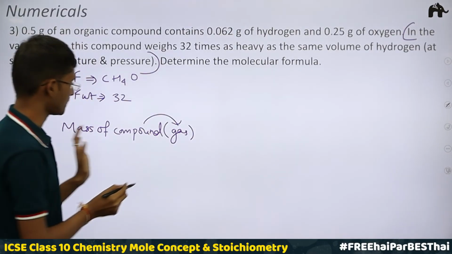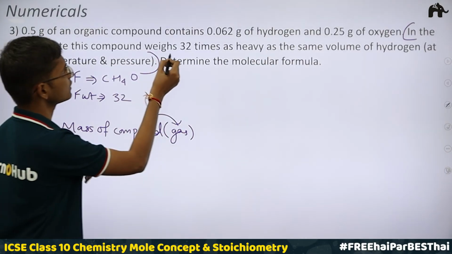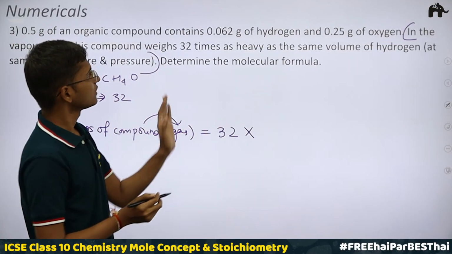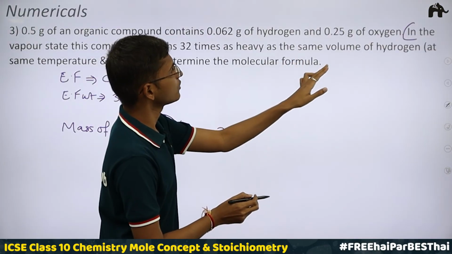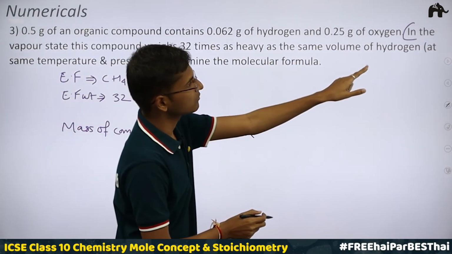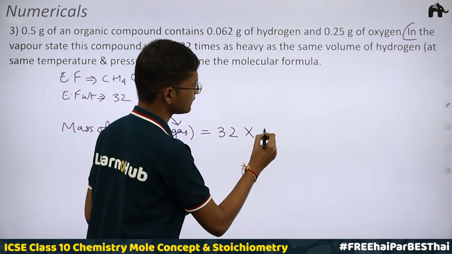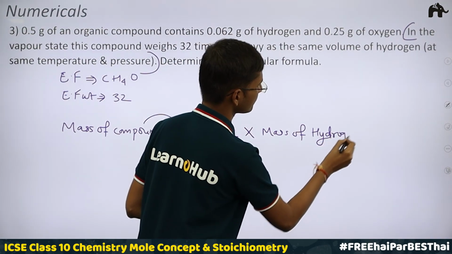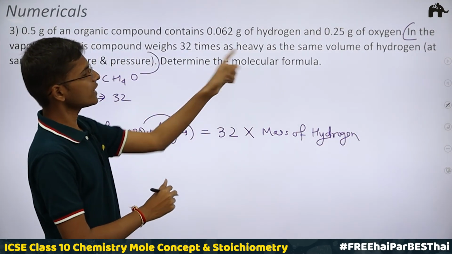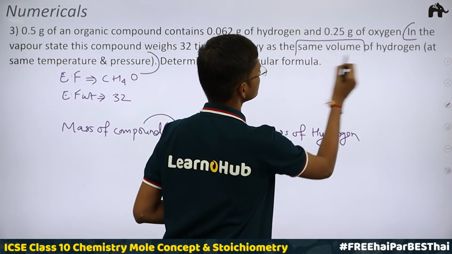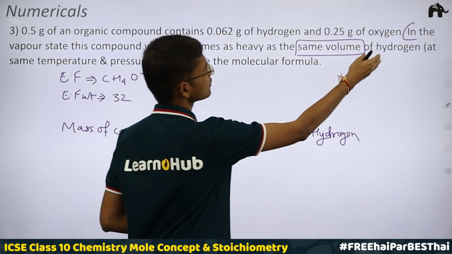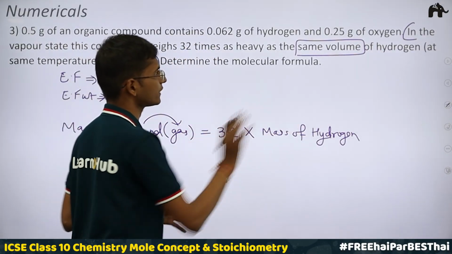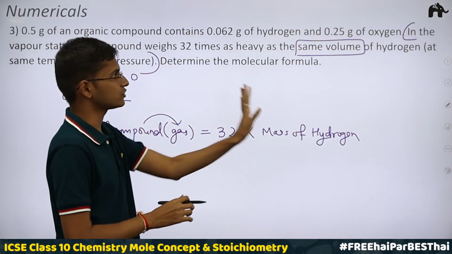The compound is a gas, so the mass of the gas weighs 32 times as heavy as the same volume of hydrogen. Just forget about the same volume for now: it is 32 times as heavy as the mass of hydrogen, that is what they want to tell us.